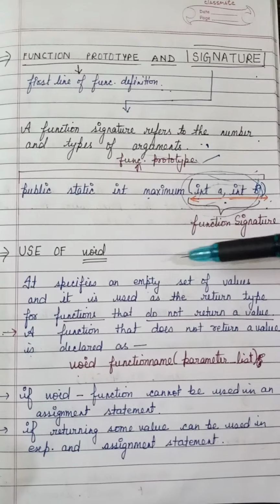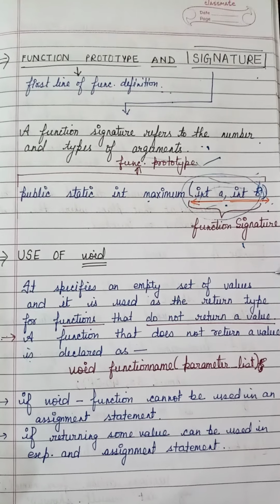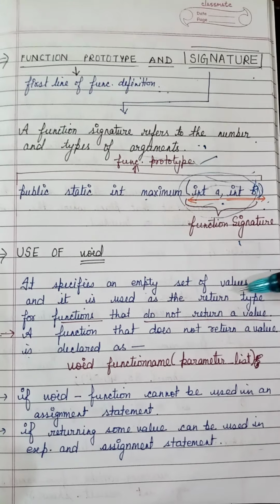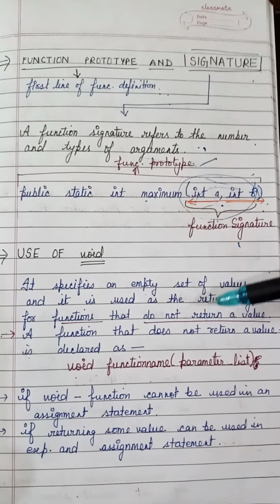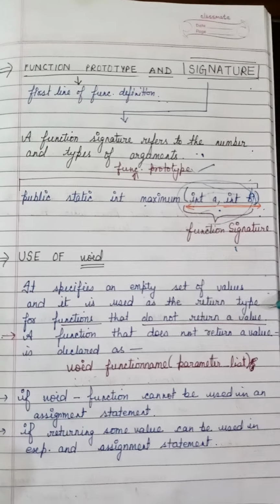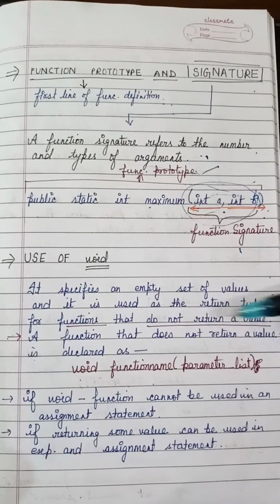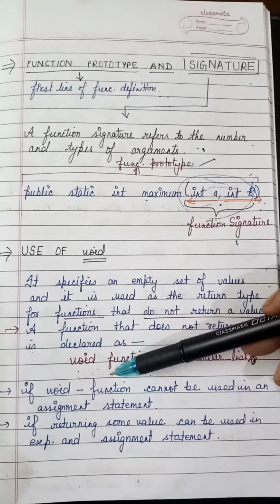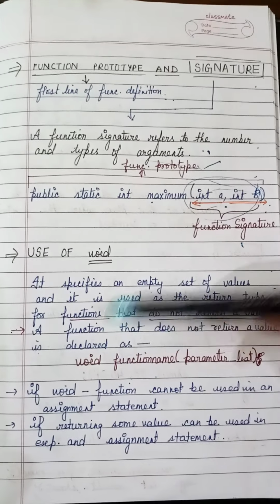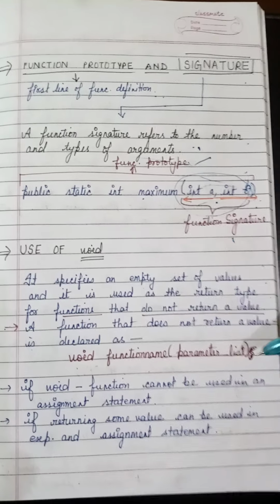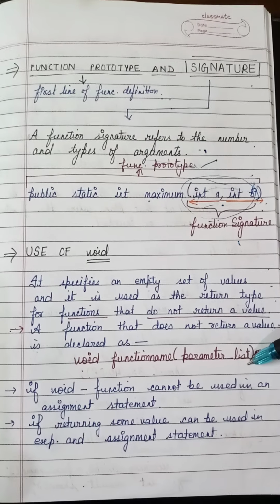So, void specifies an empty set of values. It is used as the return type for functions that do not return a value. A function that does not return a value is declared as void. It's a keyword, void, followed by the function name and the parentheses with the parameter list.